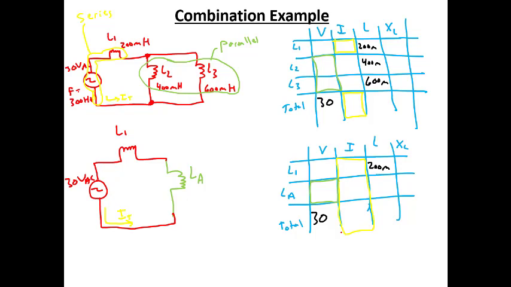Now what we need to do is find the inductive reactance. So we need to go through and find the individual inductive reactances. We have X sub L1, X sub L2, and X sub L3. We're going to find those first. So we have 2 pi times the frequency times L1. This is going to be 2 times pi.